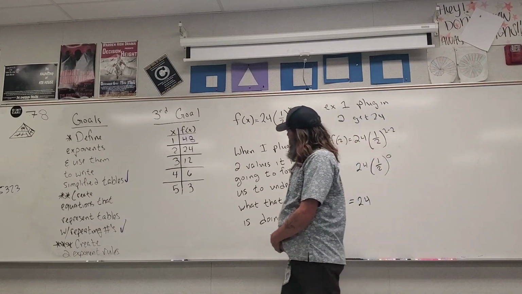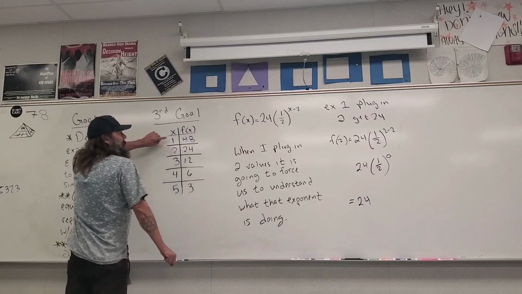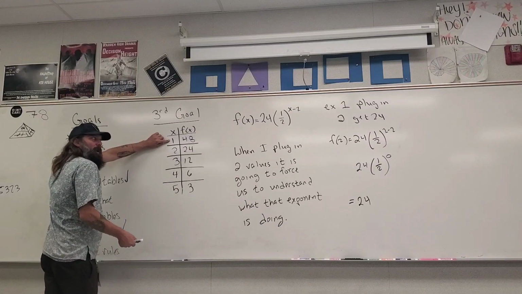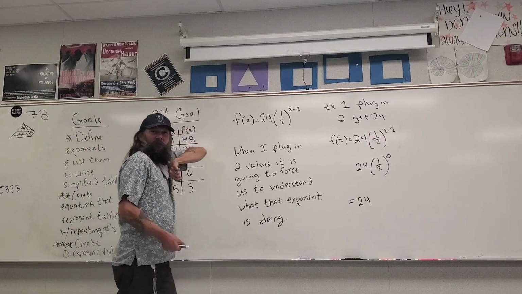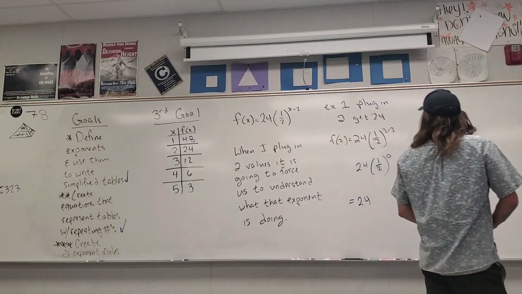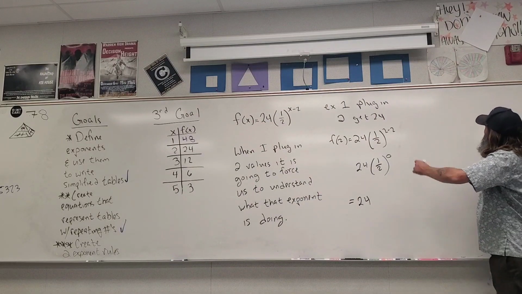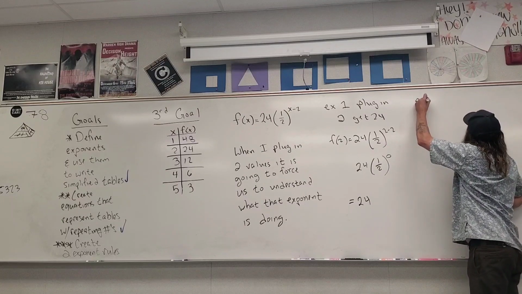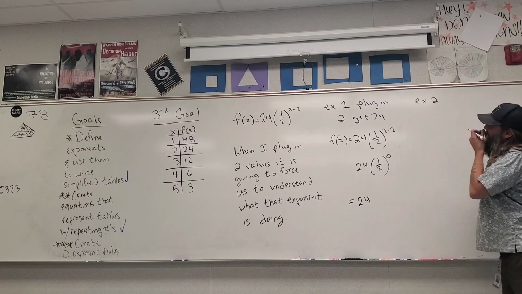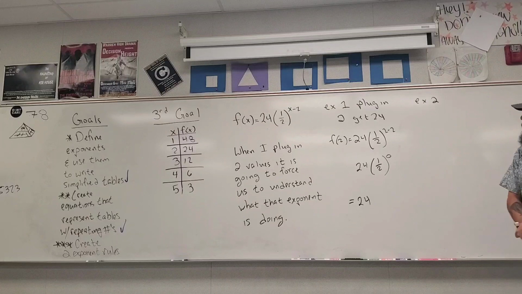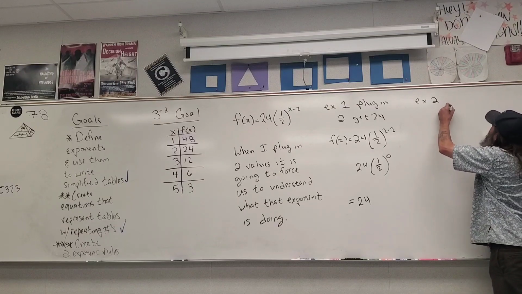Let me do example 2. I'm going to plug in a 1, so I should get a 48. Example 1. Example 2. I'm going to plug in a 1, and I should get a 48.